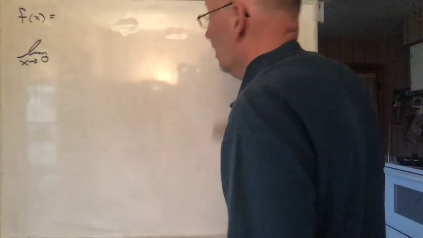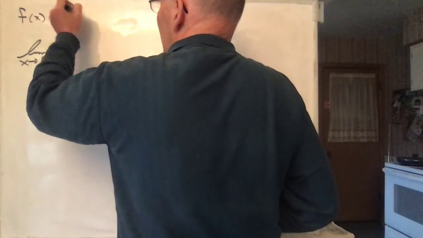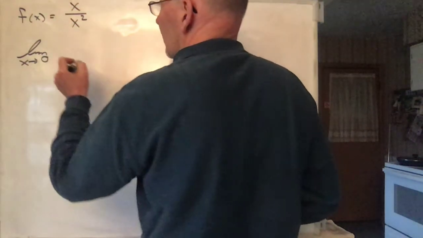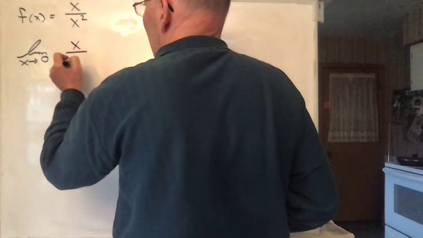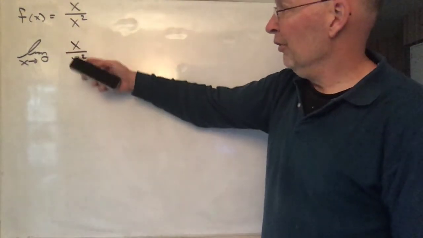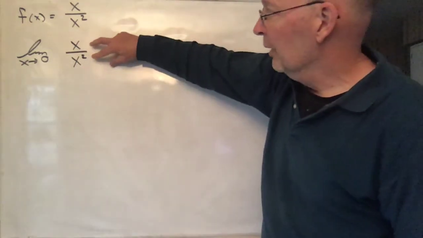Okay? Finally, what if you have x over x squared? What does that look like? Well, both the top and the bottom go to 0, and it really doesn't matter.